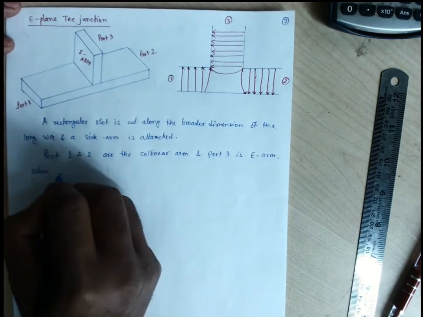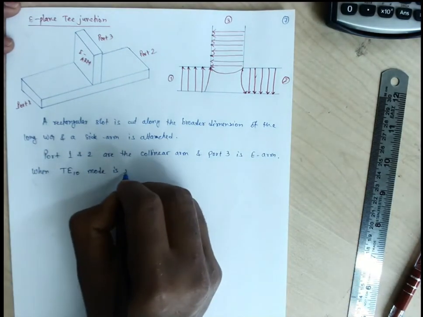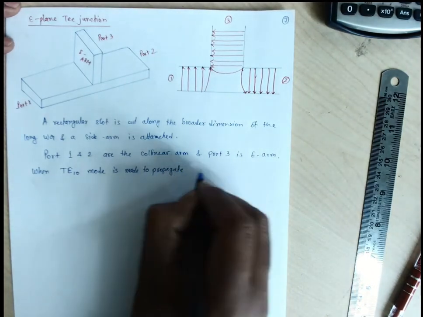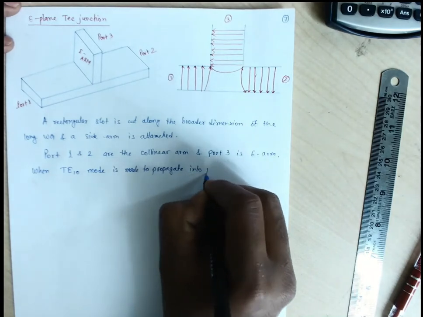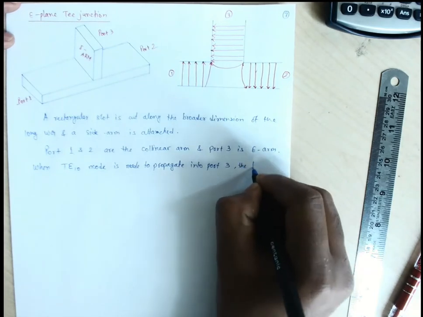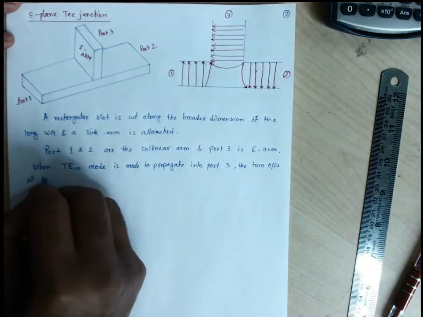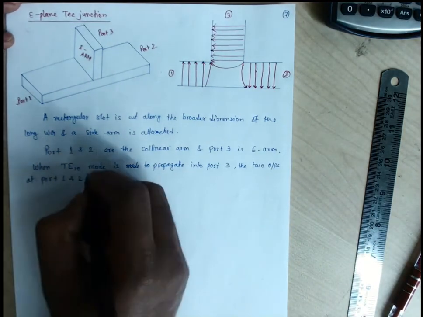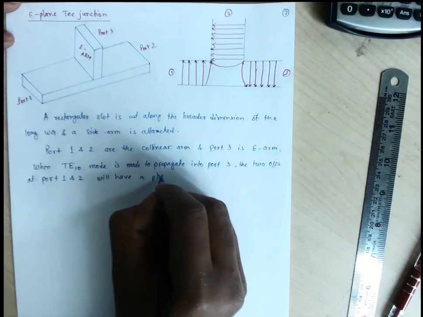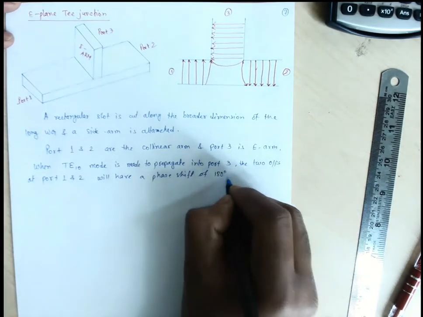When the TE10 mode is made to propagate into port 3, the two outputs at port 1 and 2 will have a phase shift of 180 degrees.